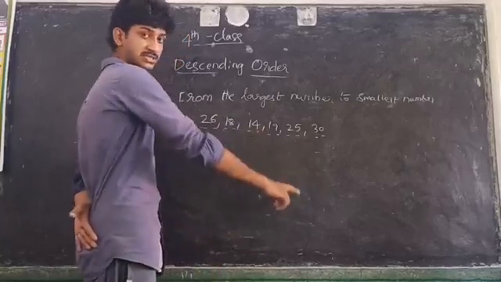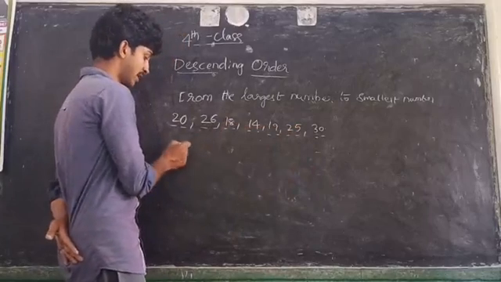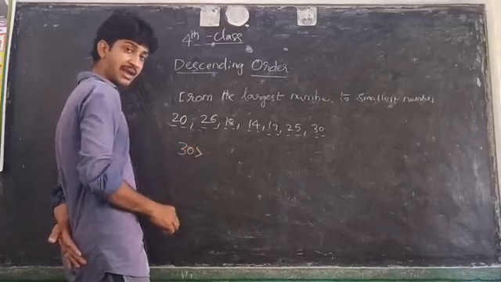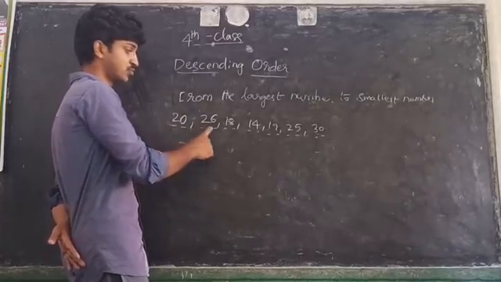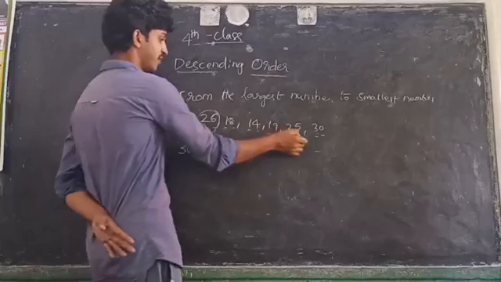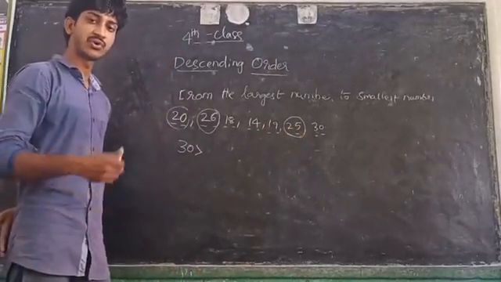3 is the highest because 3 is greater than 2 and also 1. So 30 is the first number, and the next highest place is 2. So 2 is present in 20, 26, 25. In this case, we have to go to the next highest place.